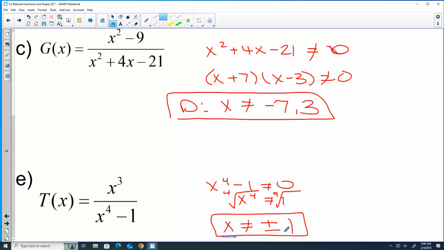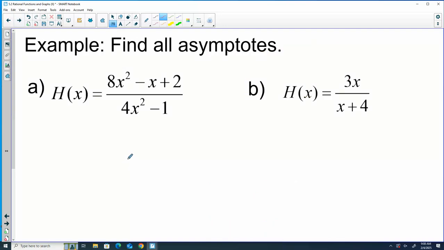The new piece for today then is to find all asymptotes. So let's take a look at this one. Vertical asymptotes are like finding the domain. It's what makes the denominator 0. So 4x squared equals 1. x squared is 1/4.